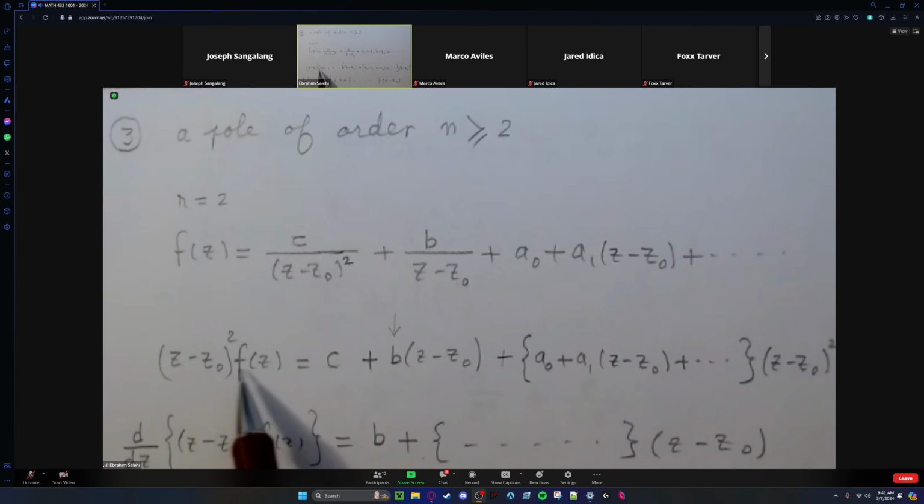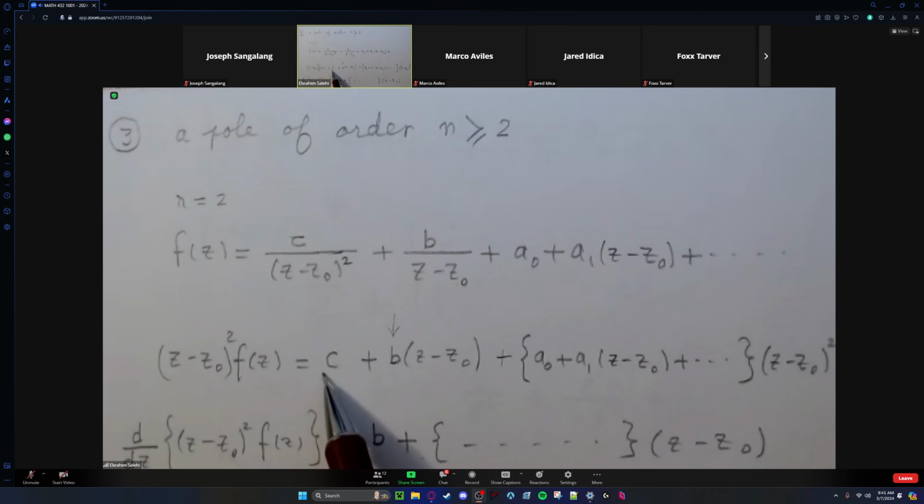Well, if I take the derivative with respect to z on the right-hand side, this is a constant, so the derivative will be 0. The derivative here will be b. And the rest of them all have the factor of z minus z naught. So after taking the derivative, if I replace z by z naught, all these terms will vanish. I will get b. Okay?